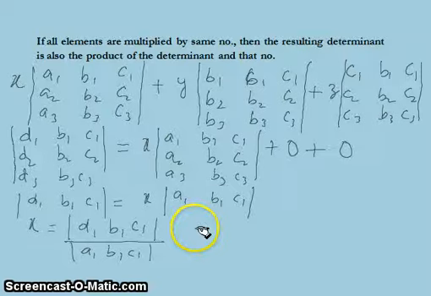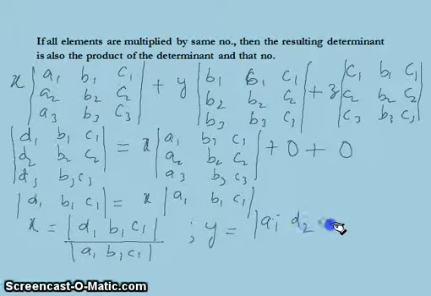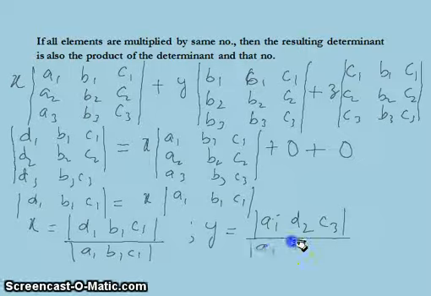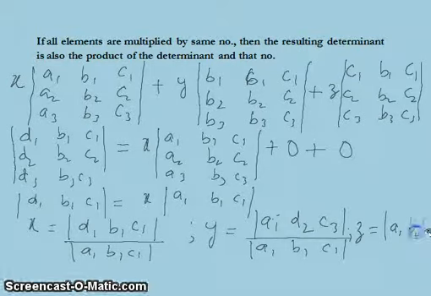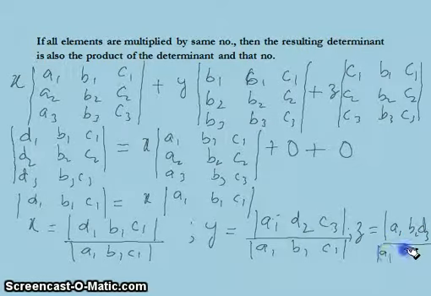Similarly, y can be obtained as the ratio of the determinant A1 D2 C3 divided by A1 B1 C1, and z gets the value on similar lines as the determinant A1 B2 D3 divided by the determinant of A1 B2 C3.